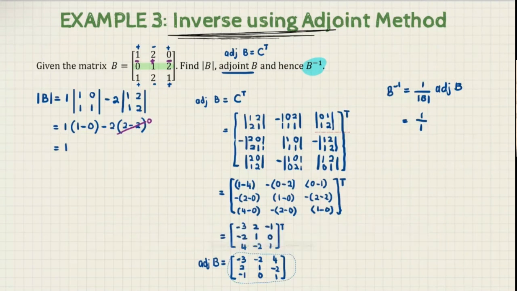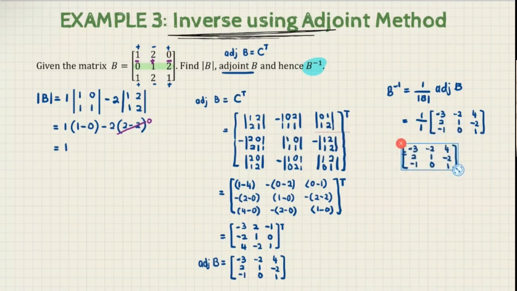Saya copy je. Paste. So mana datang 1 ini adalah determinant of B. Determinant of B adalah 1. So 1 per 1 darabkan dengan our adjoint, kita dapatlah. Okay, saya suka. Sebab dah tak perlu salin balik dah. Saya paste sahaja. So maksudnya this will be the answer for our inverse matrix.